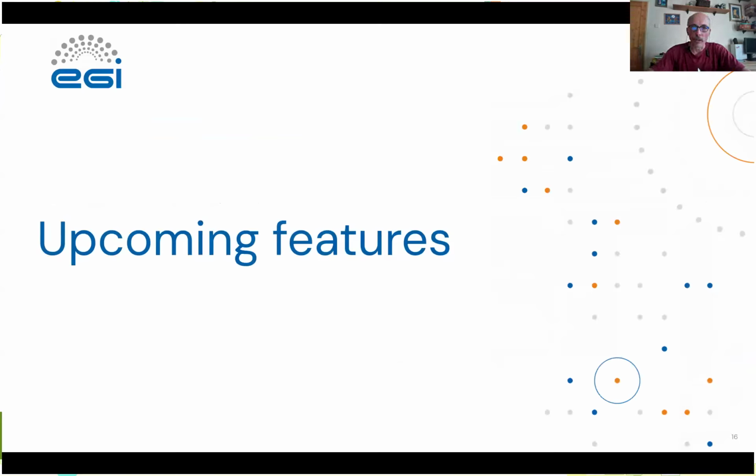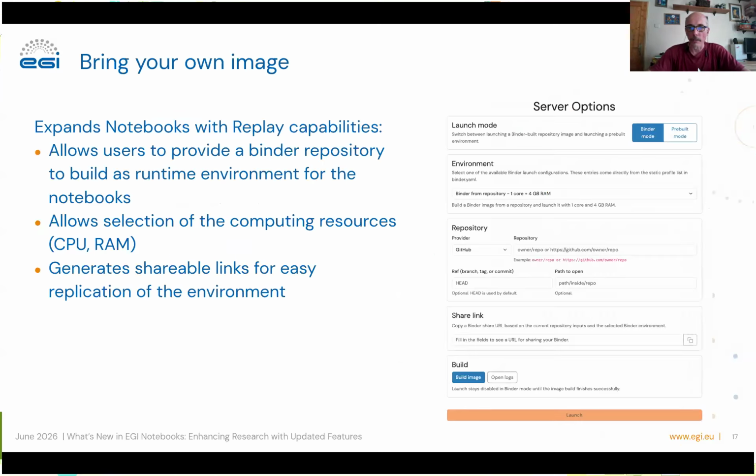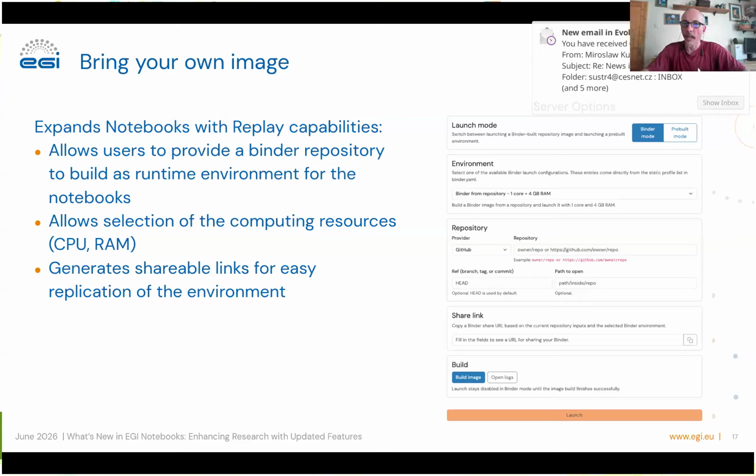Very briefly on features that are upcoming, I have two specifically to announce. First of them is what I already mentioned around the beginning, a streamlining of the service where the functionality of a regular JupyterHub and the functionality of a binder hub, where you can have the environments built according to an author's recipe, will be put into a single server.